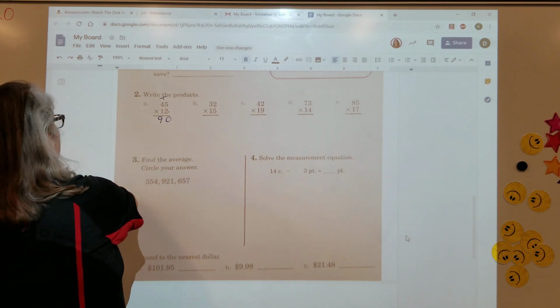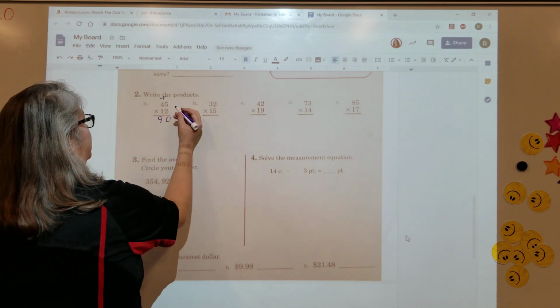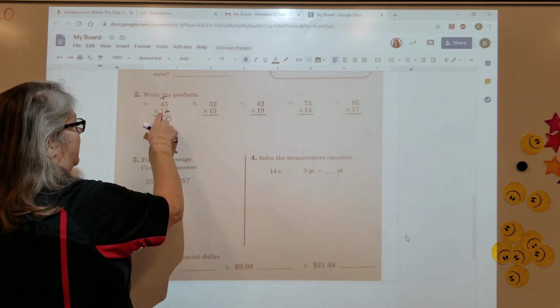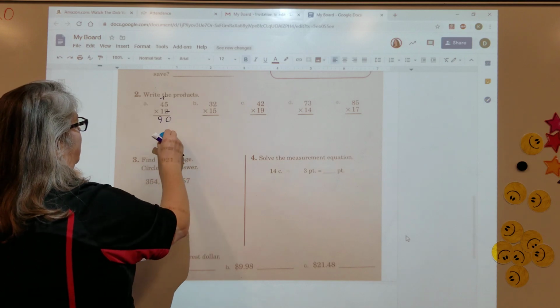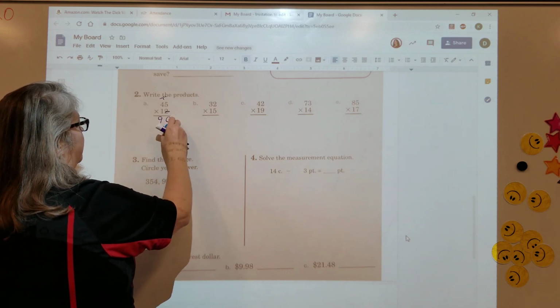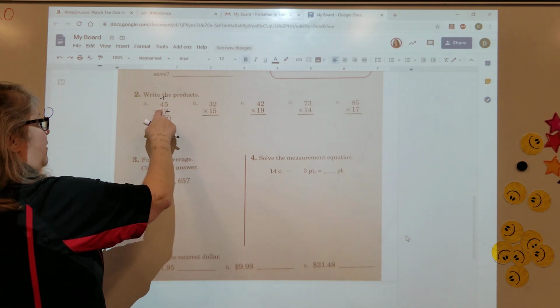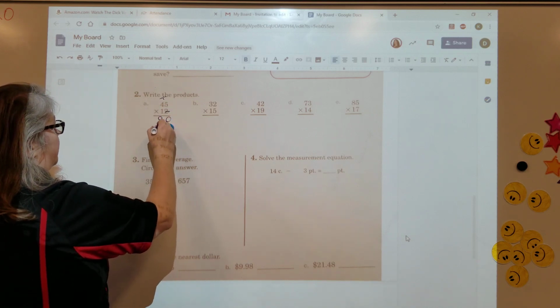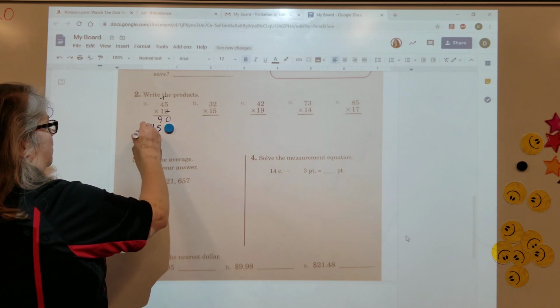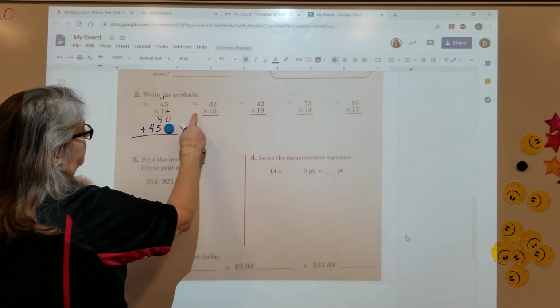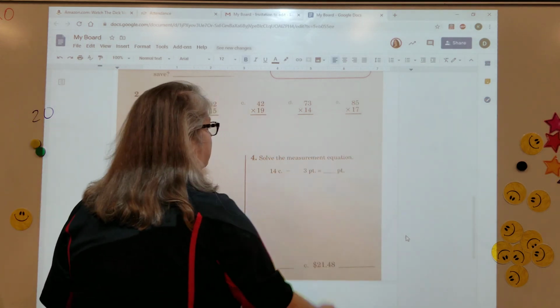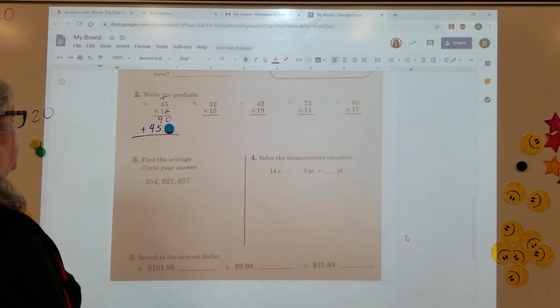Okay, so now we're finished with the ones place. Now we're going to multiply this times 10. So we're just going to put that 0 there, our donut. And we're just going to say 45 times 1. Well, that's pretty easy. I noticed the pattern today, all of it is times 1. So that's easy right there, isn't it?